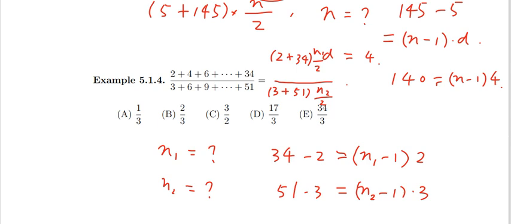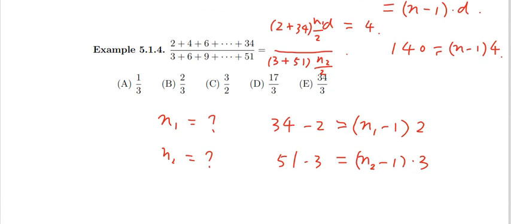Here is just a little bit of calculation, right? For this one we can divide. So n1 over 2, n2 over 2, we can cancel the 2. So this equals 36 n1 over 54 n2, like this, right?